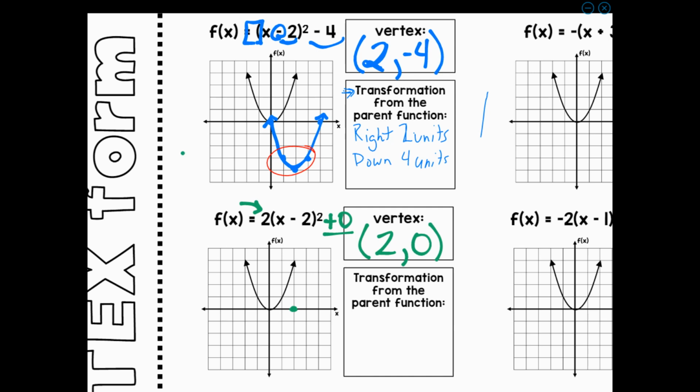Now, when there's a 1 over 1, or a 1 in front right here for my A, then we go up 1 over 1 to get to this next point. If there's a 2 in front, so it's 2 over 1, where do you think I'm going to go from this new vertex point?